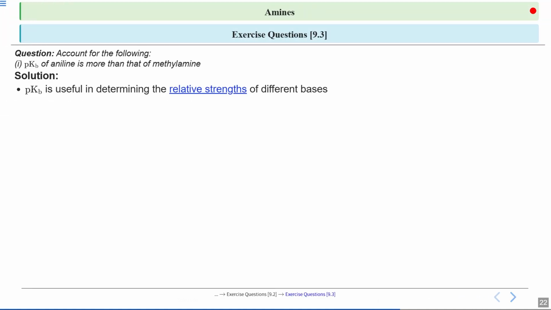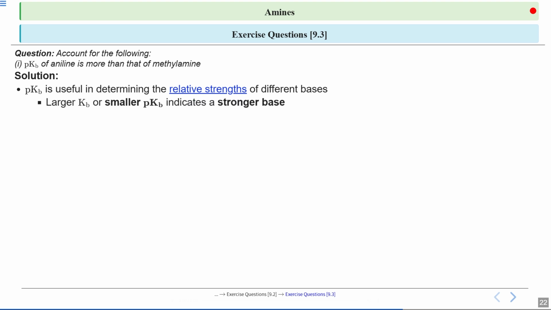Now let us see one by one. First, pKb of aniline is more than that of methylamine. So if I talk about pKb, then this value shows us the base strength. A larger Kb means a stronger base, while a smaller pKb also means a stronger base. So this helps us to compare among different bases.